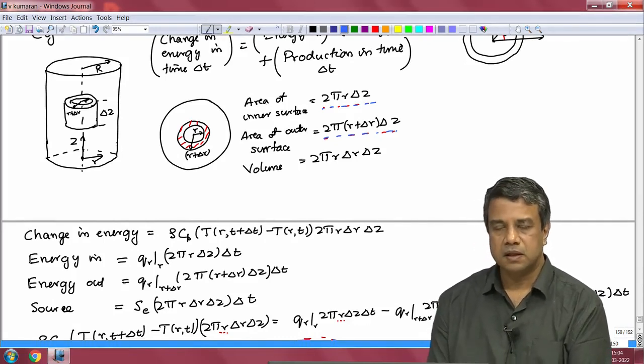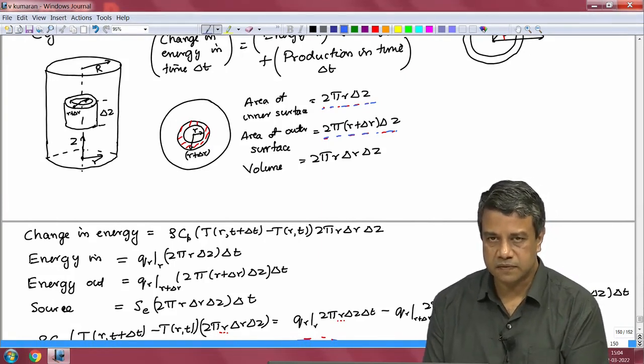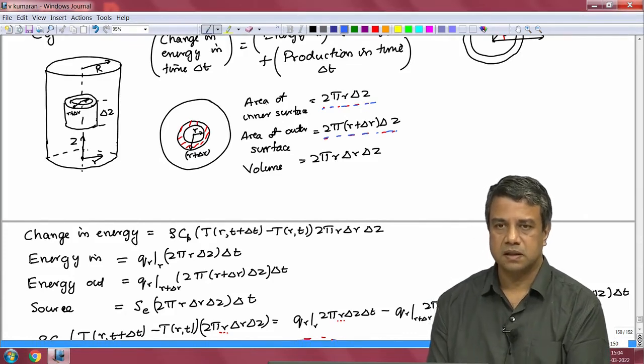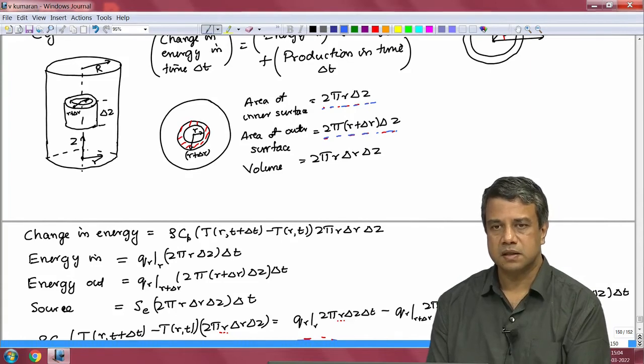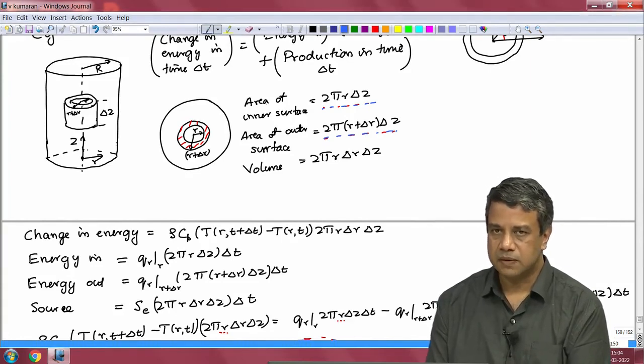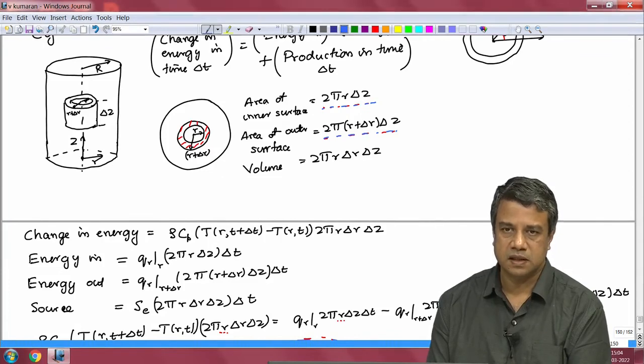Therefore, even though the total transfer rate is the same, if the surface area increases, the flux has to decrease for the transfer rate to be the same in a cylindrical coordinate system, whereas in a Cartesian coordinate system that is not true, because the transfer rate is directly proportional to the area times the flux, and the area is a constant.